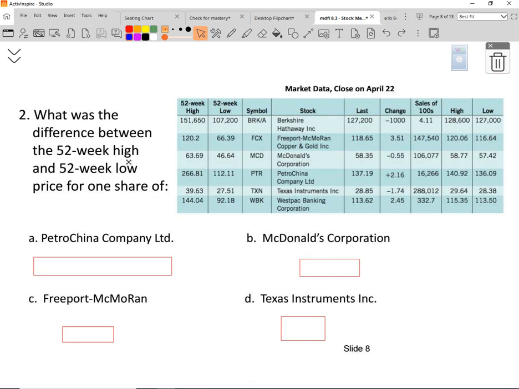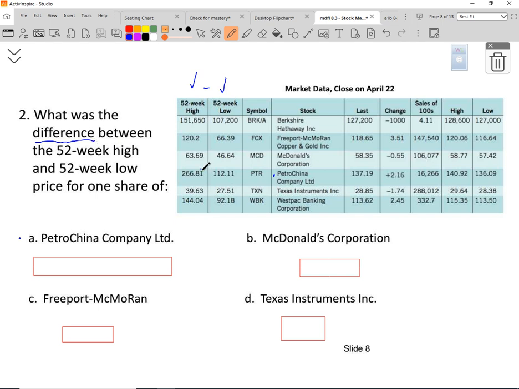52-week high, 52-week low. The difference in these, we did this before, so you could probably figure it out. The only difference here is there's more than one stock listed, so you just have to look for the appropriate stock. For Petro China Company, we find it on the list, then look for the 52-week high and low, and difference just means to subtract them.